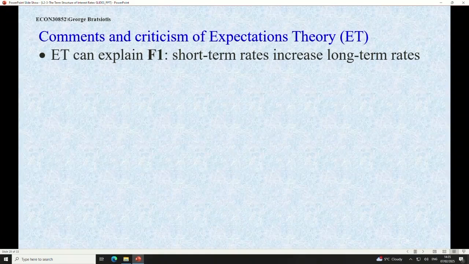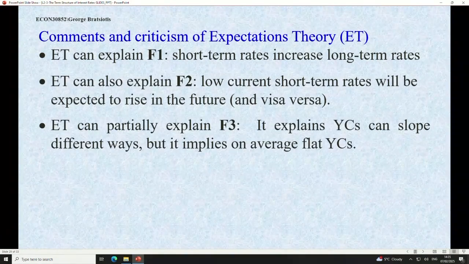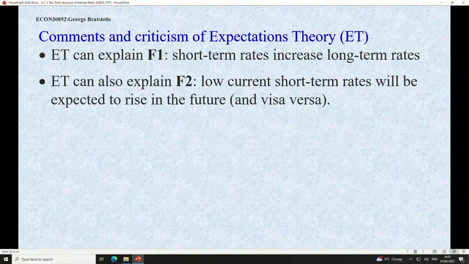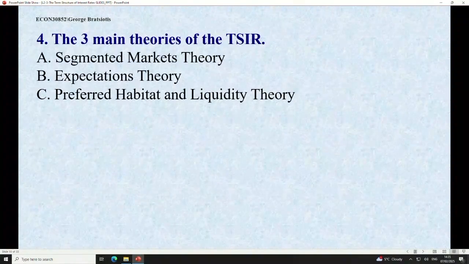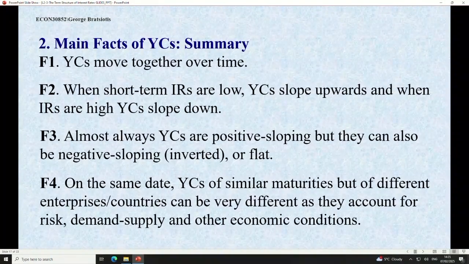Fine, okay, so that's good. But what is the problem? Expectations theory can partially explain F3. In other words, remember what F3 was, because this is important. That almost always yield curves are upward sloping.